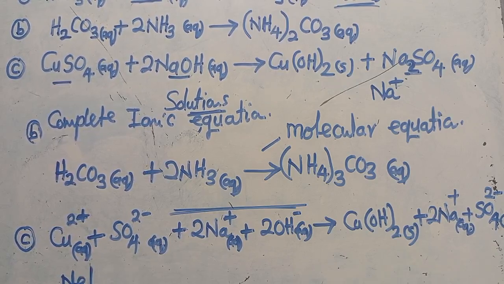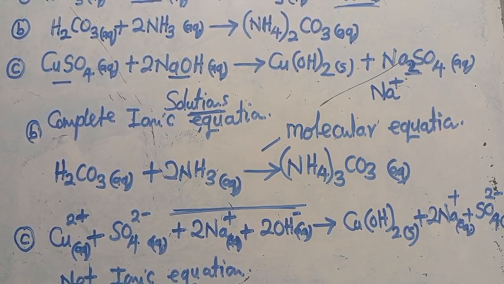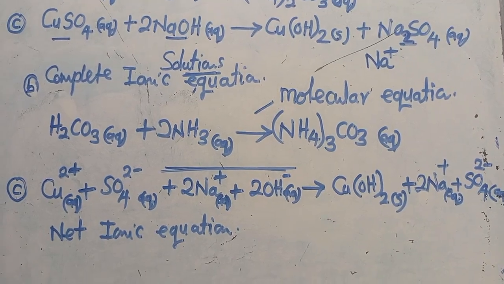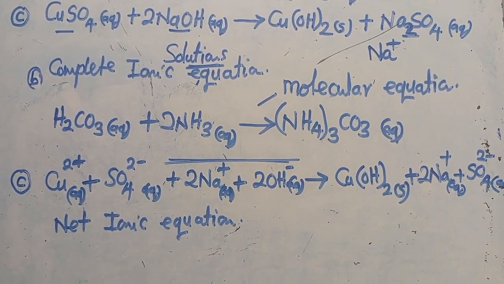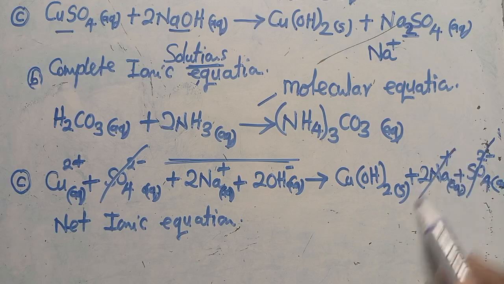For us to now write a net ionic equation, we just need to cancel the ones that appear on both sides, now that we've made them ions. Sulfate is here and there, sodium here and there, so they cancel.